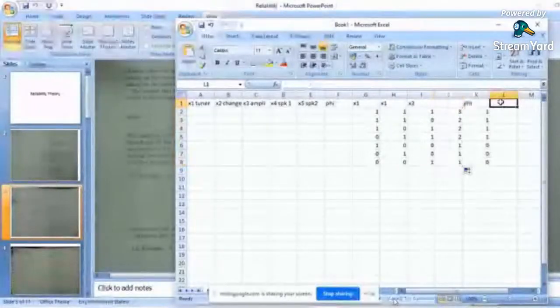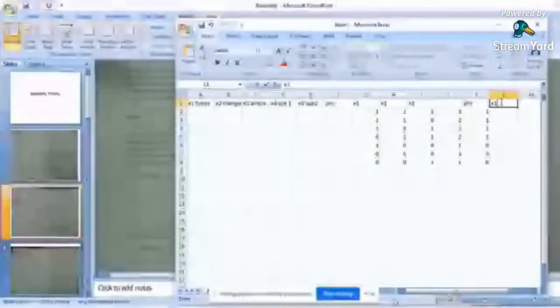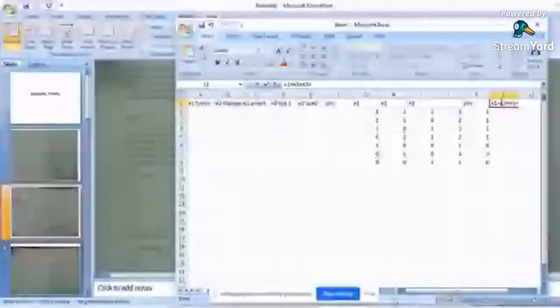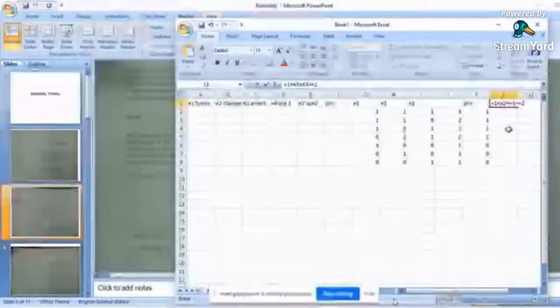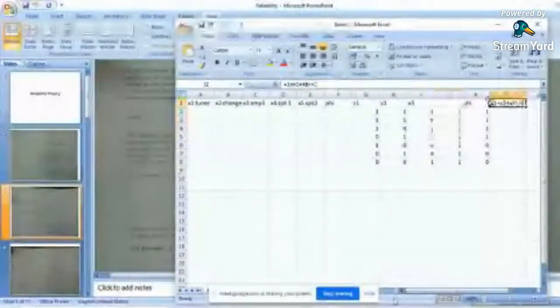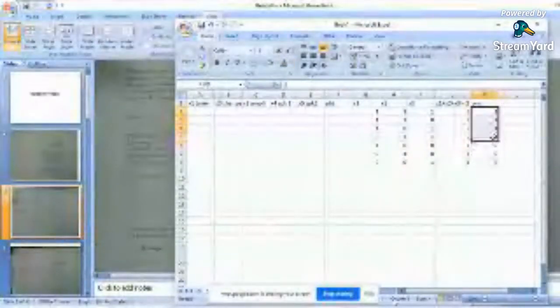Our condition is x1 plus x2 plus x3 greater than or equal to 2. The condition is satisfied for these 3 cases. So in that case, the system is functioning, no problem.